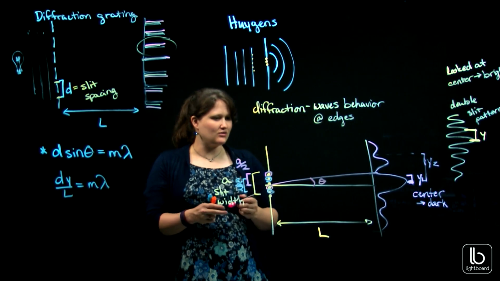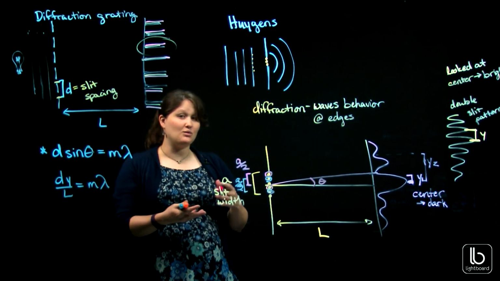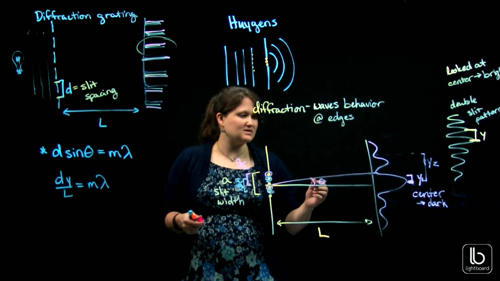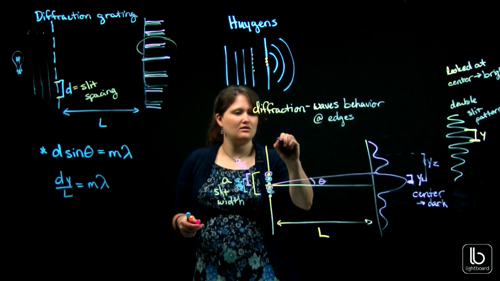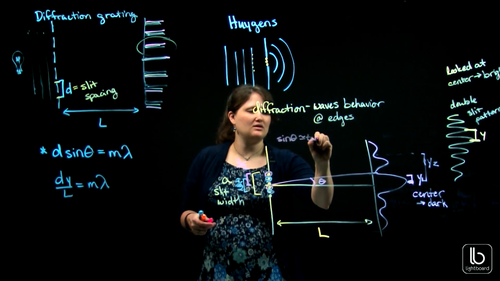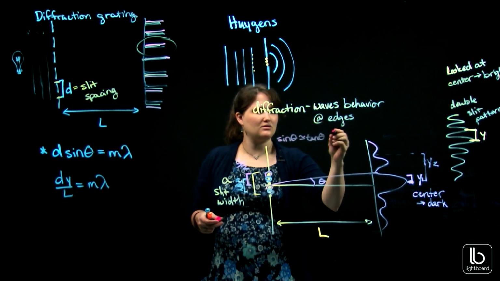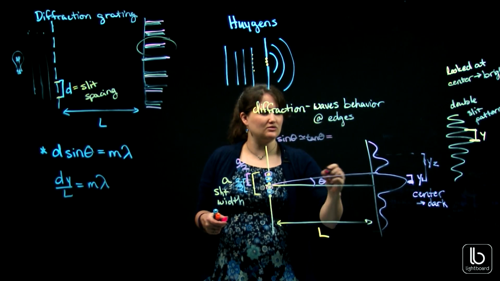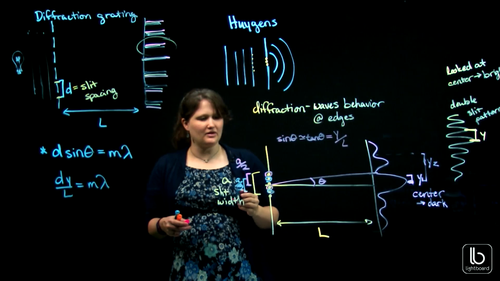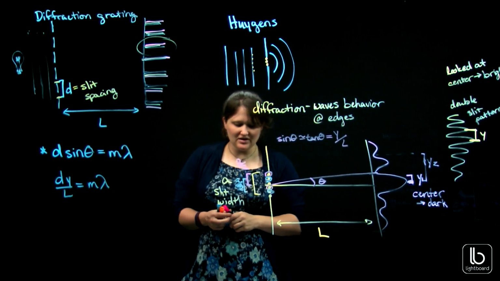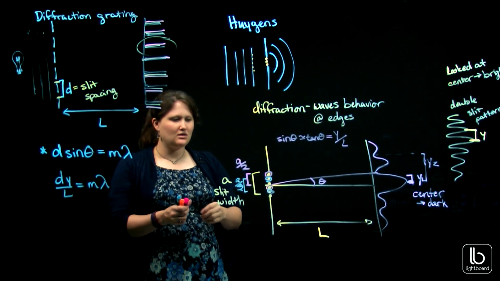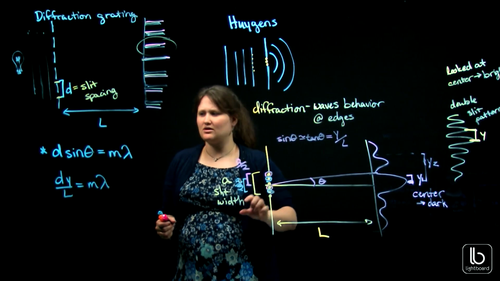And that angle, we can use the small angle approximation again. And we can say that sine of theta is approximately equal to tan of theta, which is equal to y over L. But then, just like we did with our double slit, we can look at these pairs.